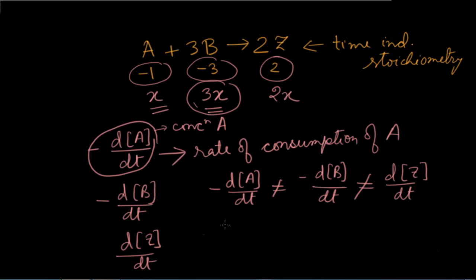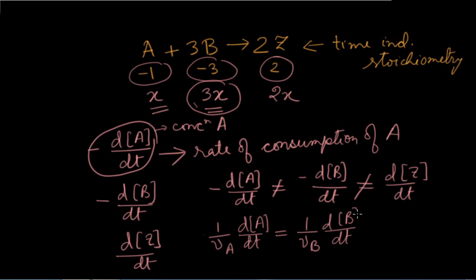We can say that 1/nu_A d[A]/dt is equal to 1/nu_B d[B]/dt, which is equal to 1/nu_Z d[Z]/dt.